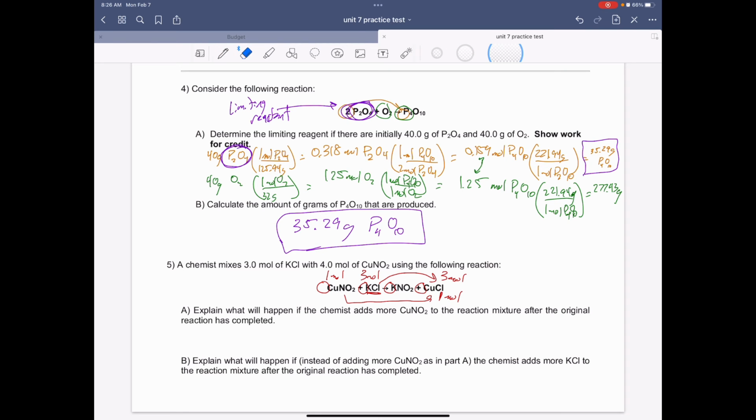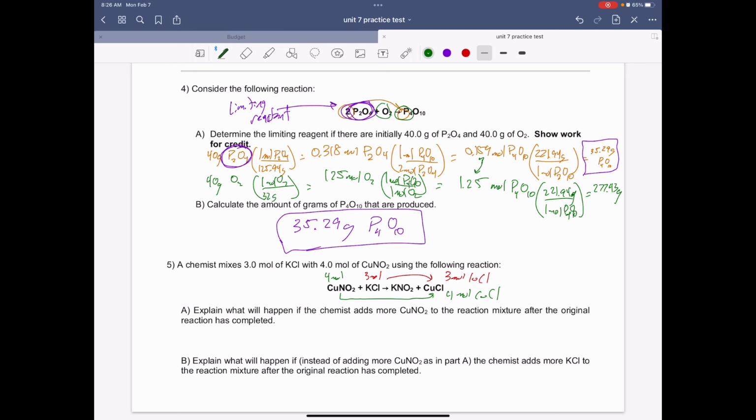So we're going to use that idea to avoid having to make any calculations. So if you have 3 moles of potassium chloride, you will produce 3 moles of copper chloride. That's just a given. If you have 4 moles of CuNO2, you're going to produce 4 moles of this stuff.